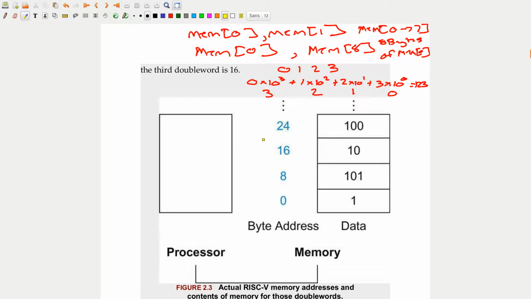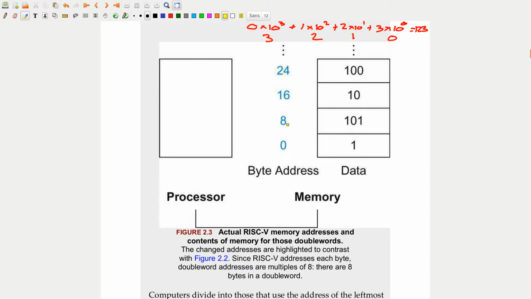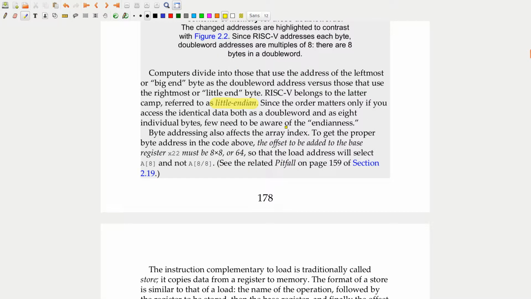You could see why Little Endian makes more sense, though, because this is how we think about numbers. We think about the largest numbers being the farthest away from the smallest numbers as far as addresses go. So this makes the most sense based upon the number systems that we use day to day and that we work with.